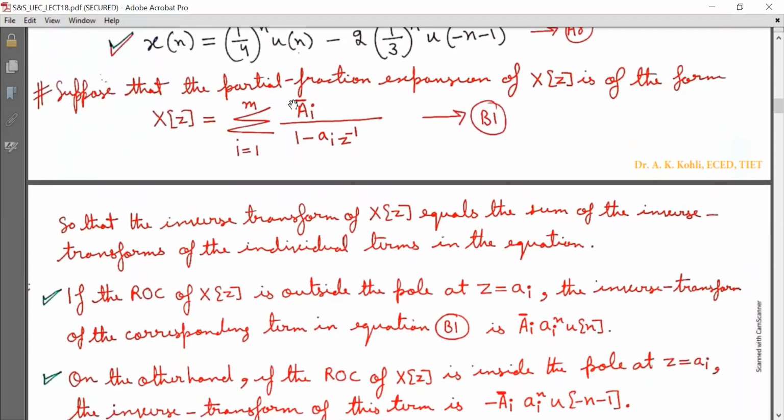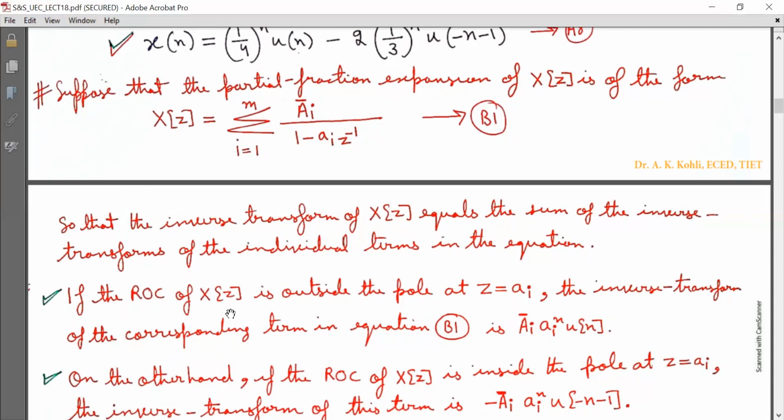Now suppose that the partial fraction expansion of X(z) is of the form X(z) equal to summation i running from 1 to m of A_i bar divided by 1 minus a_i z inverse, marked as equation B1, so that the inverse transform of X(z) equals the sum of inverse transforms of the individual terms.